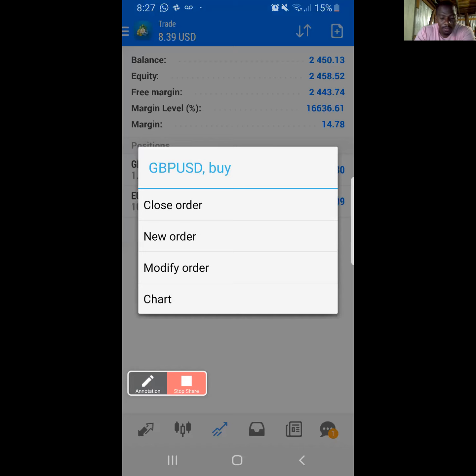So that's basic TradingView and MetaTrader 4. On the iPhone, when you hit modify, you've got to see if there's an option to change the lot size before you close.